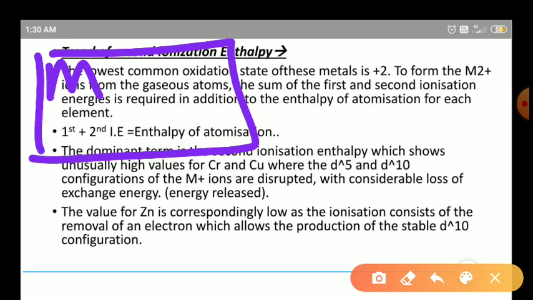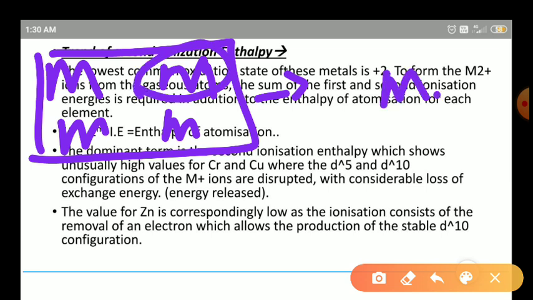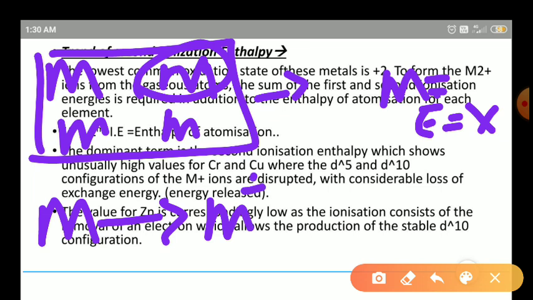The metal from which we want to separate one metal atom, that is the enthalpy of atomization. So here we require the energy x kilojoule per mole, right? Similarly, for any metal turning into M2+, the energy required is more or less close to this x kilojoule per mole. It means the energy required for the enthalpy of atomization is equal to the first and second ionization enthalpy.